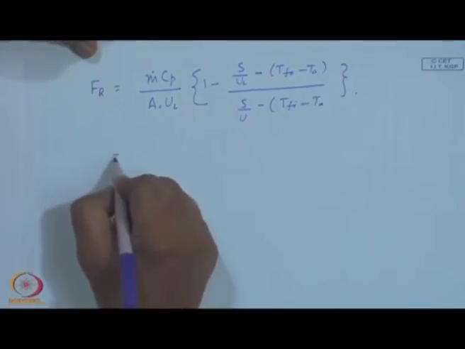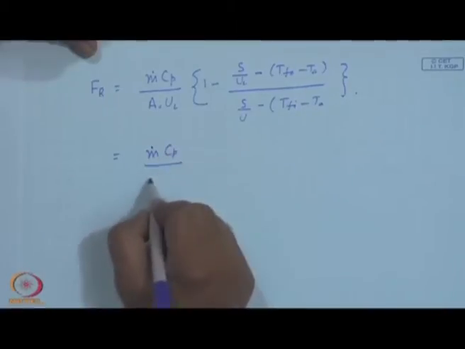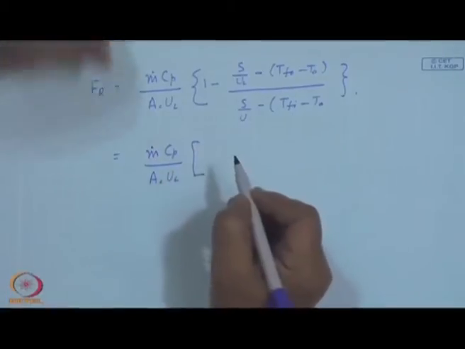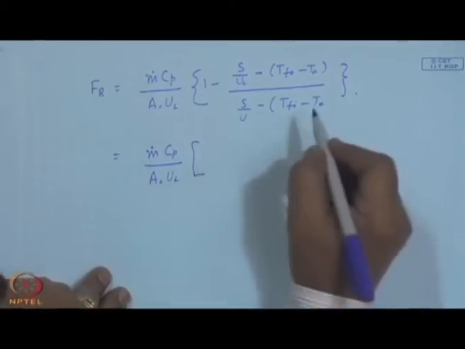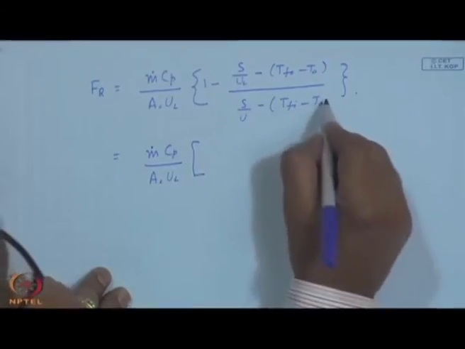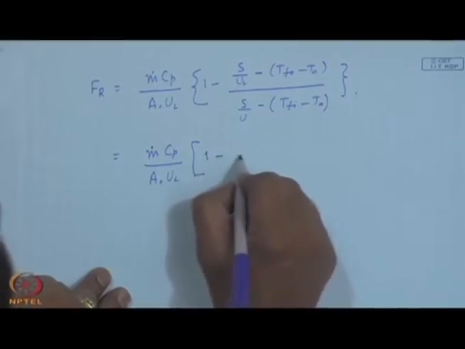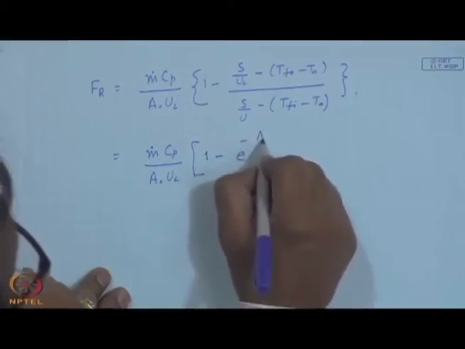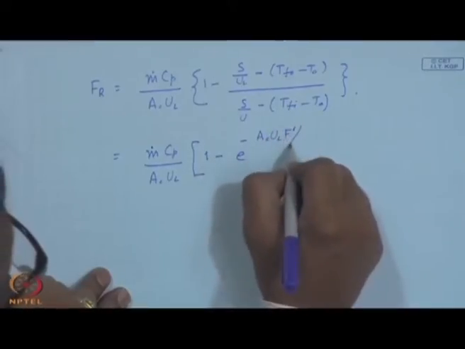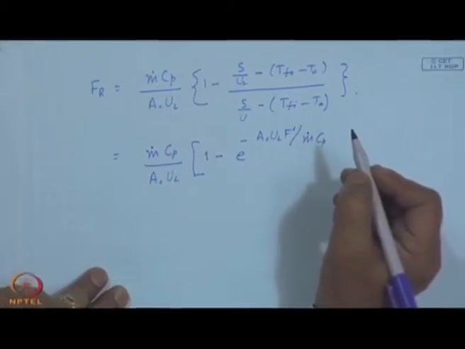So, this is simply m dot C p by A c U L times, from the relation which we have got, T f o minus T a minus S by U L, by T f i minus T a minus S by U L, which is 1 minus e to the power minus A c U L f dash by m dot C p.